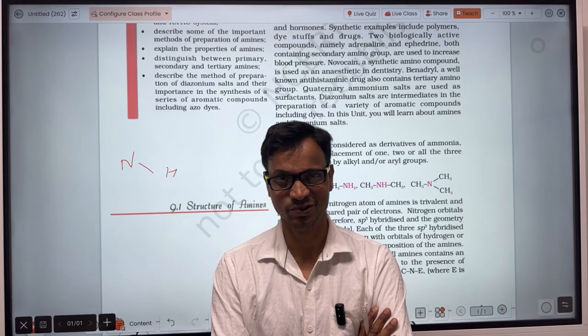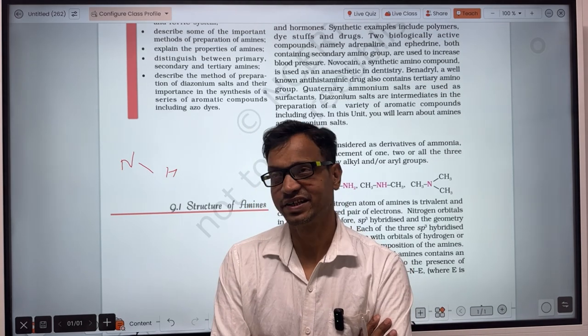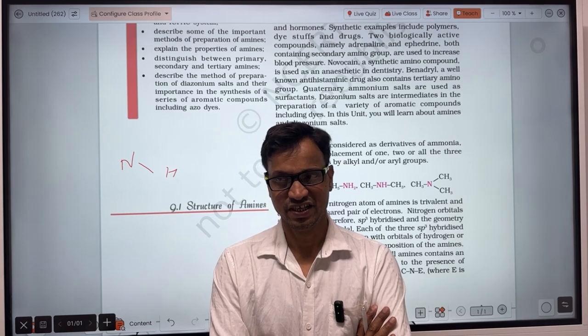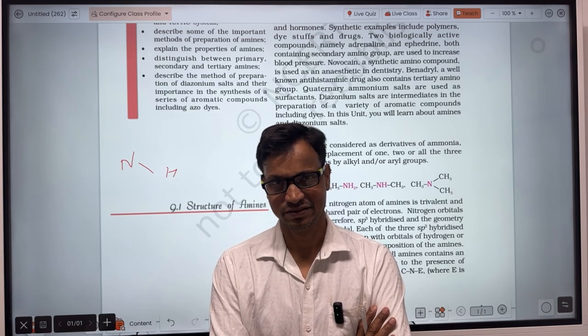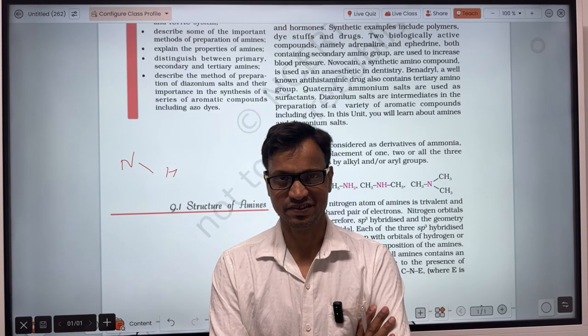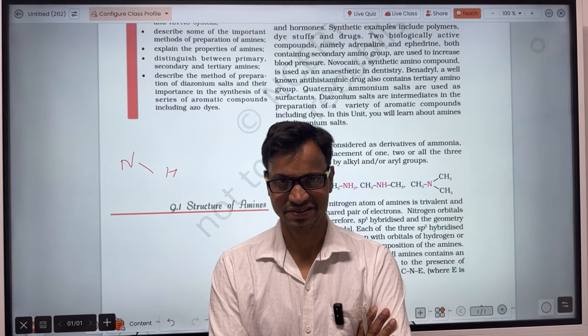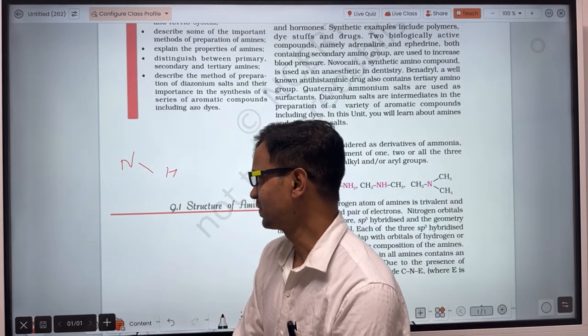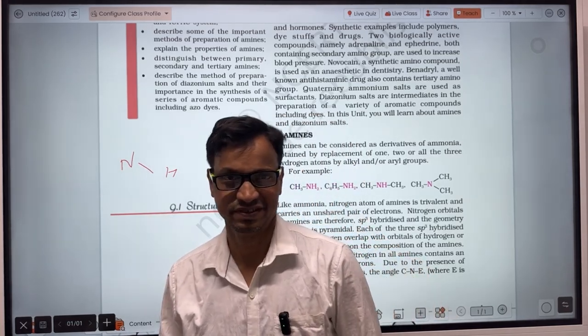Same here in ammonia. The 3 hydrogen atoms bonded to the nitrogen will arrange so that there is minimum repulsion between the hydrogen atoms. But there is a lone pair of electrons on nitrogen.